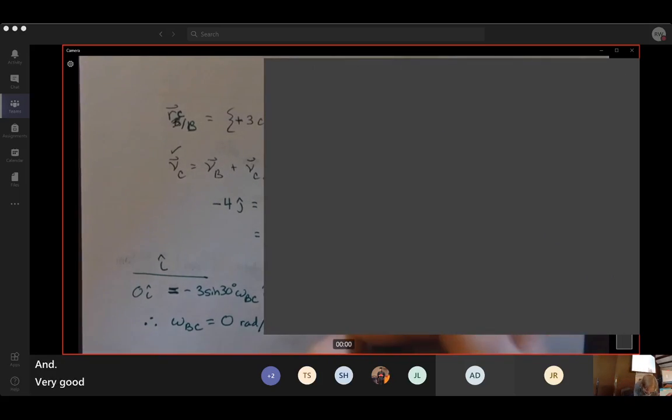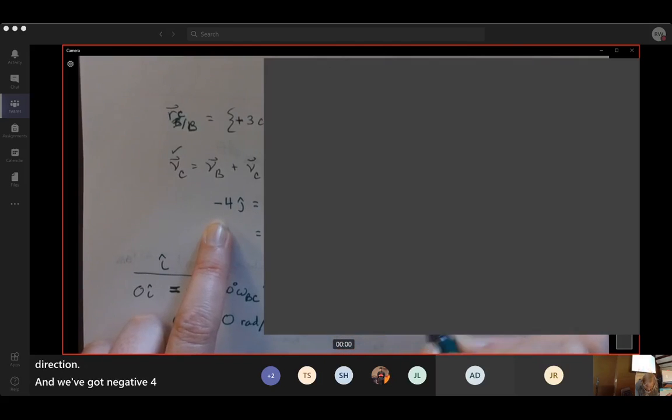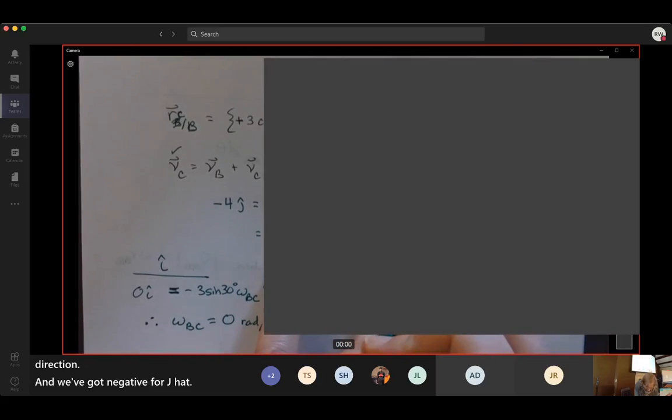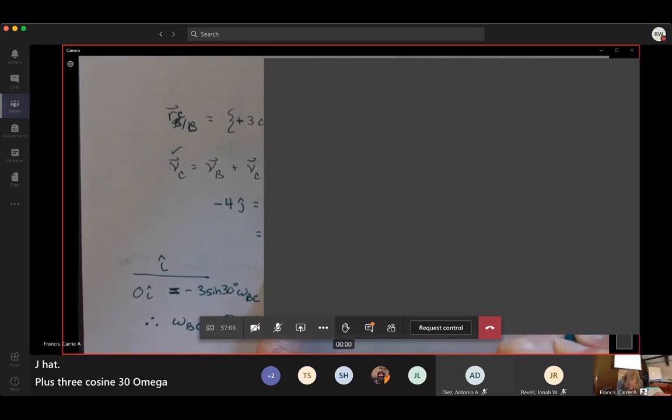Okay, so then we can look at our j hat direction, and we've got -4 j hat is equal to -2 omega AB j hat plus 3 cosine 30 omega BC j hat. But we just said that one's 0.